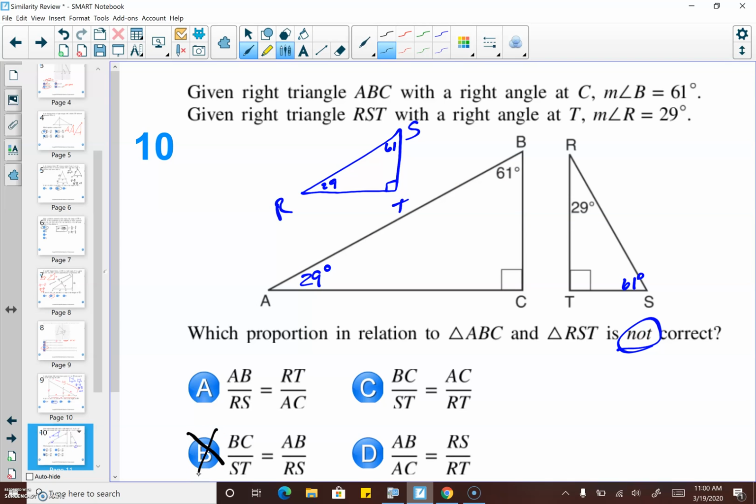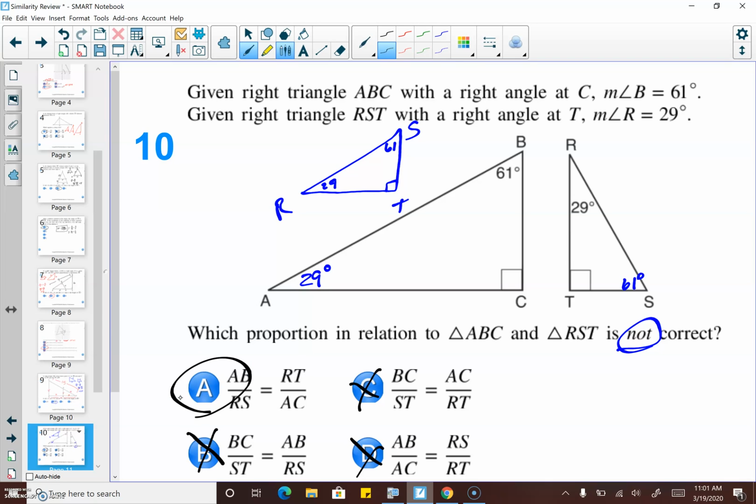So that makes sense. Then if we go BC over ST equals AC over RT, well, that matches up just fine. And then AB over AC equals RS over RT, that matches. So the only proportion that's not going to work is choice A.